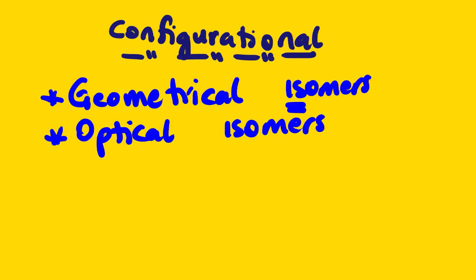That is the main difference. In configurational isomers, we cannot convert from one isomer to other isomers by rotation about bonds, unlike the conformational isomers. The only way we can convert from one isomer to another is via bond breaking. So breaking bonds will form the new isomers under configurational isomers.